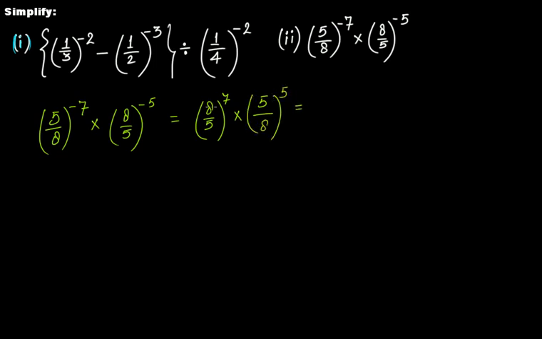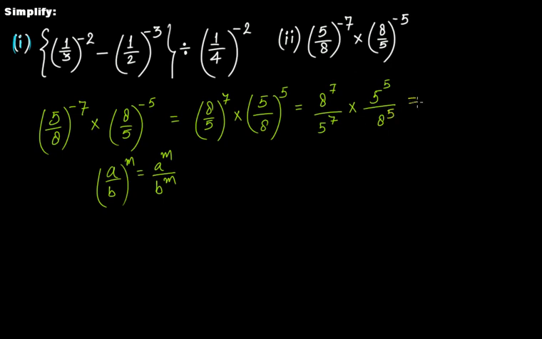Now this is of the form A by B raised to the power of m. So this is actually equal to A raised to the power of m by B raised to the power of m. So this is 8 raised to the power of 7 by 5 raised to the power of 7 multiplied by, by the same law, 5 raised to the power of 5 divided by 8 raised to the power of 5.